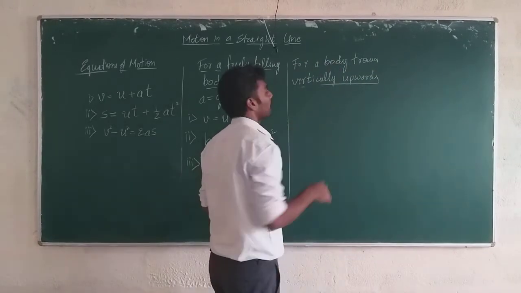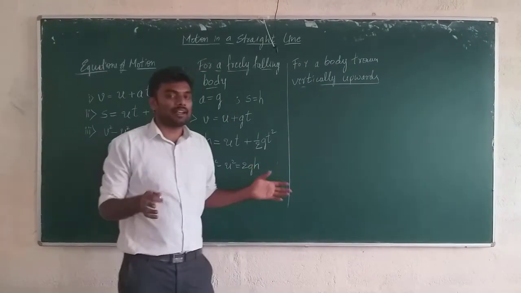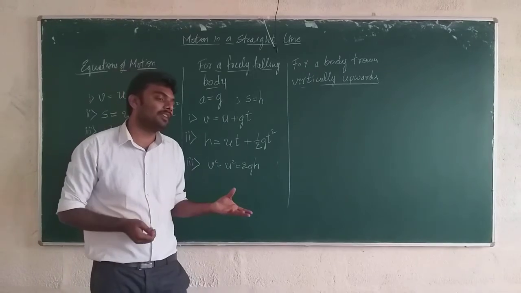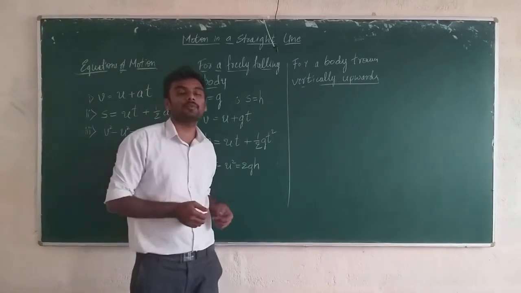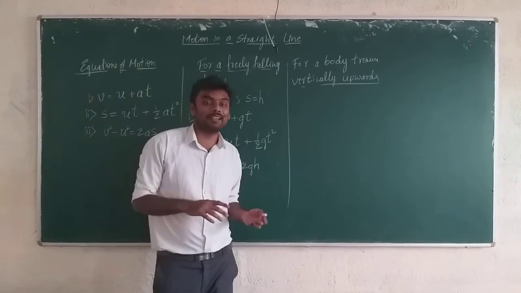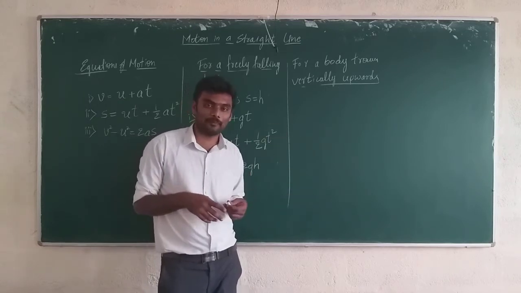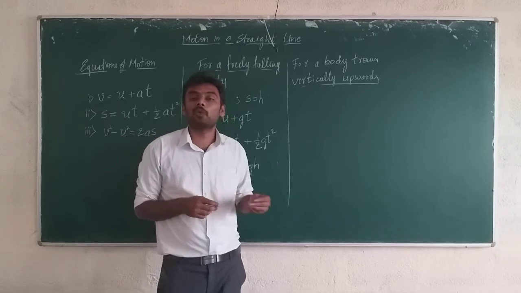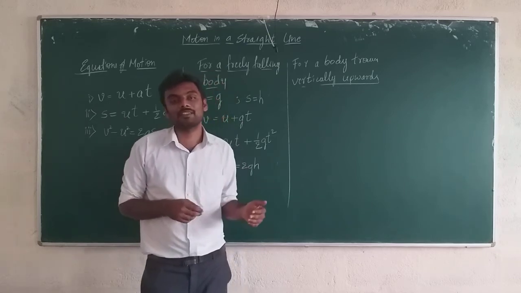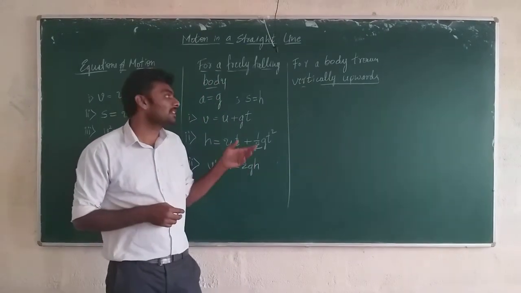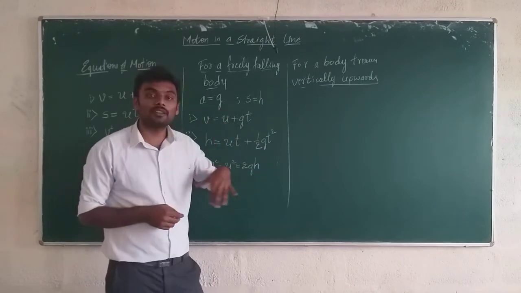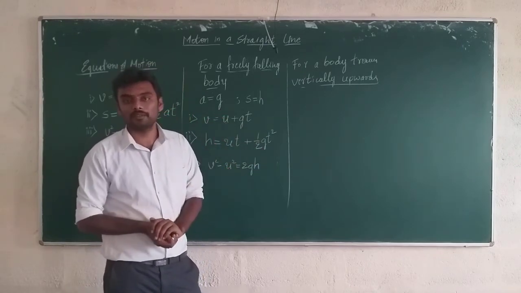Look, it's about directions. Now the body is moving upwards and decelerating, isn't it? Because the velocity is decreasing with time. And what is the deceleration? That deceleration is the same as the acceleration, but in the opposite direction.